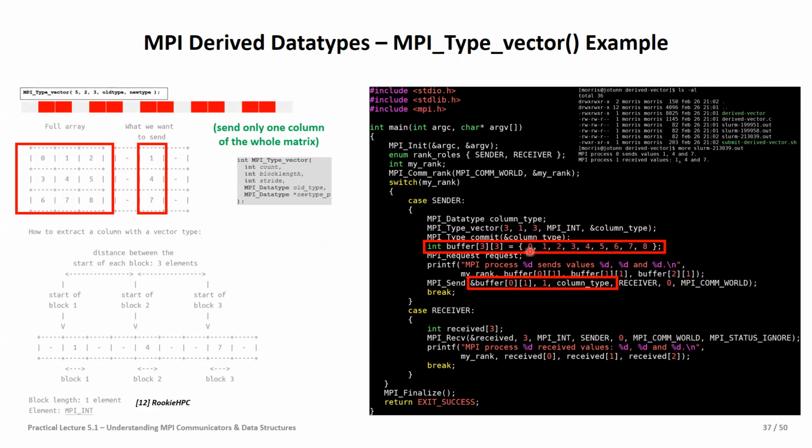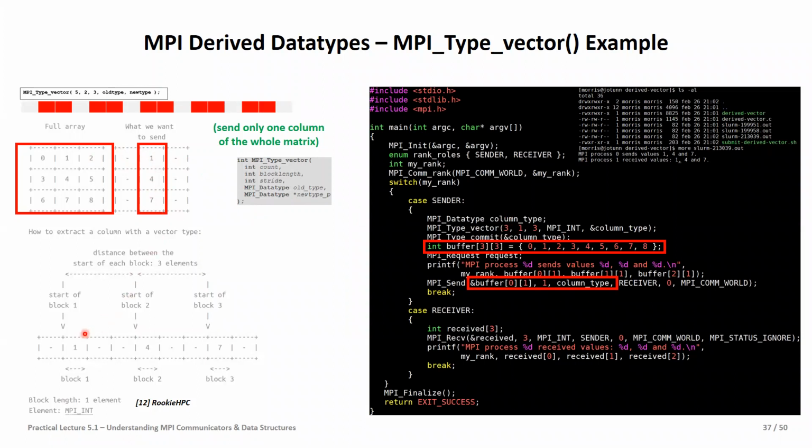But in order to avoid this, I want to have a much more interesting data type for that, what I call a column type. And essentially saying the column type should be filled by integers. That's what we have here. And we say there should be 3 integers, each in one block. So block length 1, 3 of them.